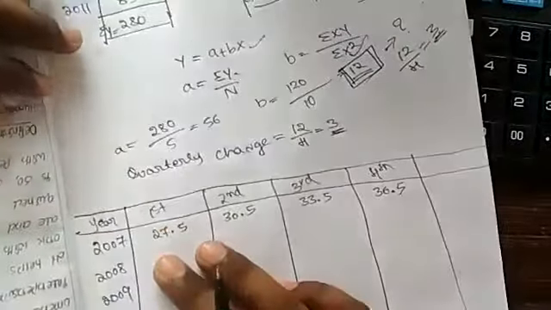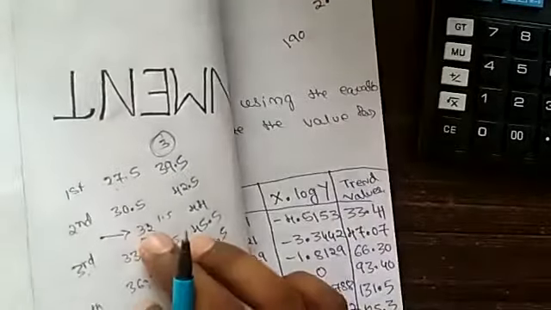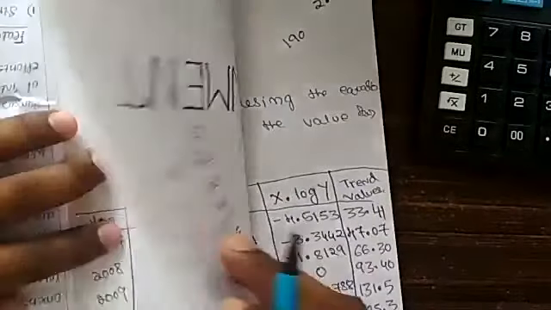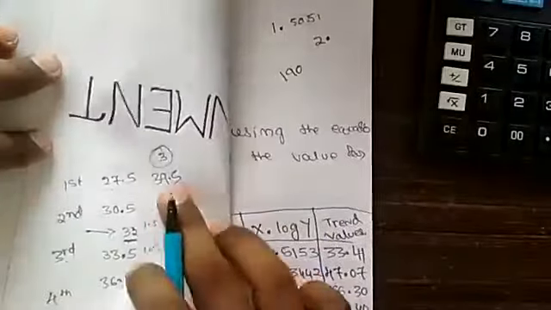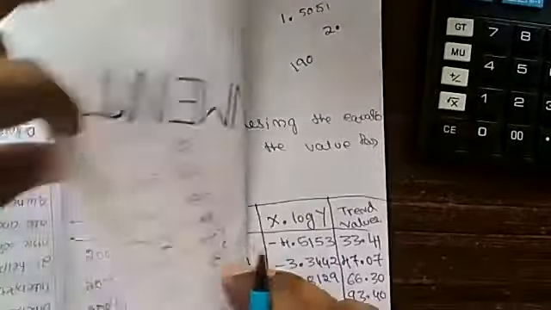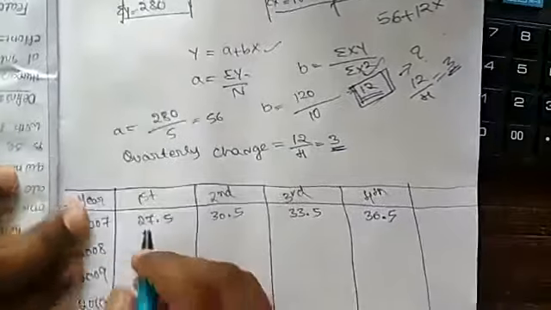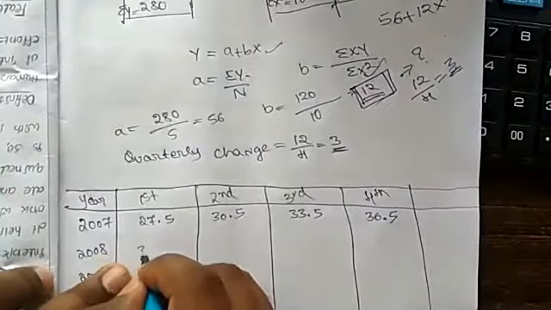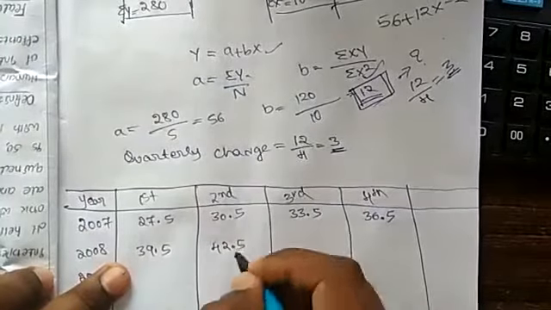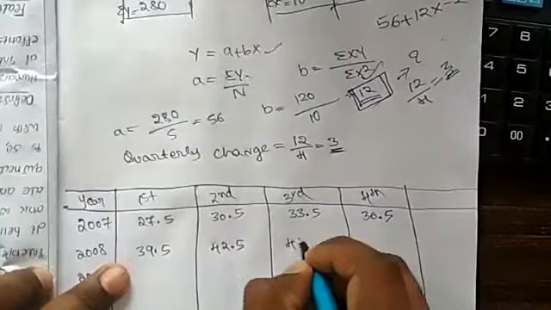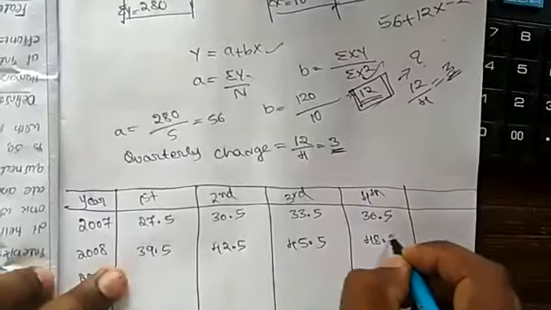So quarterly trend values for 2008: 39.5, 42.5, 45.5 and 48.5.